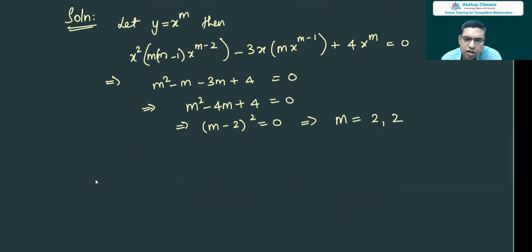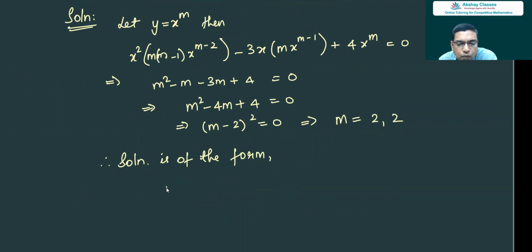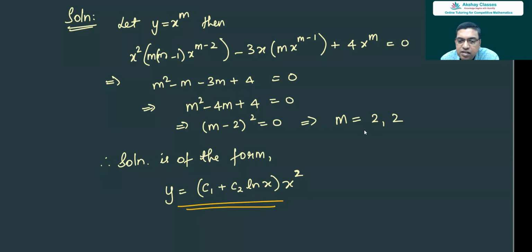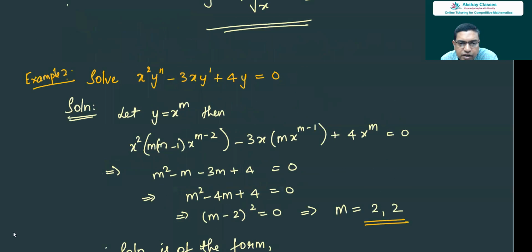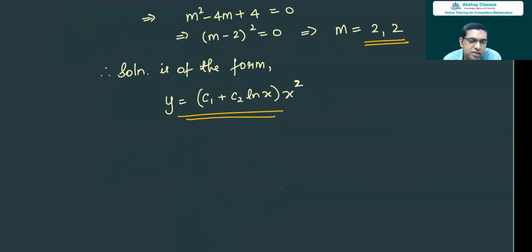So the solution is of the form y is equal to c1 plus c2 log x times x power m. This is because it is a double root, repeated root: c1 plus c2 log x. Very, very simple. Should not miss a problem on this.